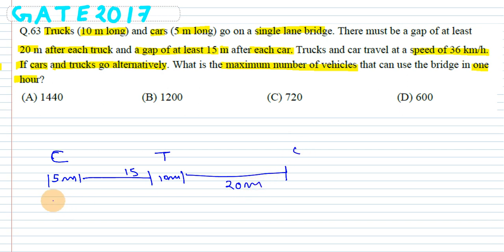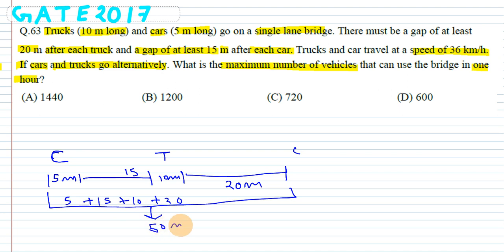Okay, so from here to here the distance is 5, 15, 10 plus 20, which is equal to 5 plus 15 is 20, 20 plus 10 is 30, 30 plus 20 is 50.